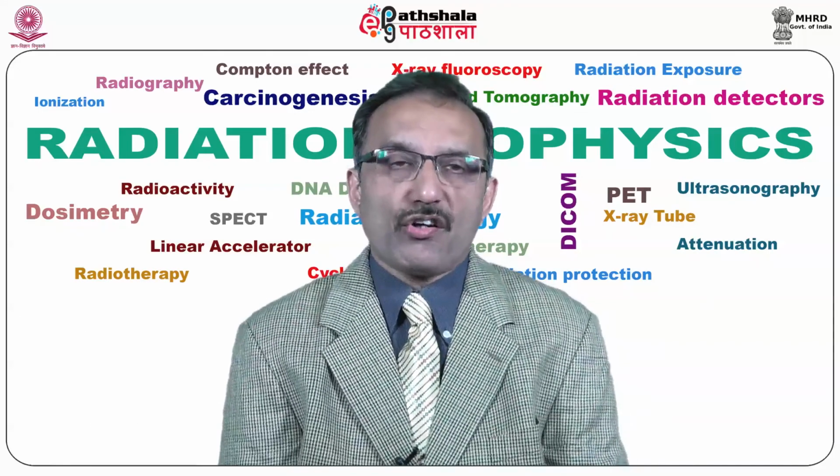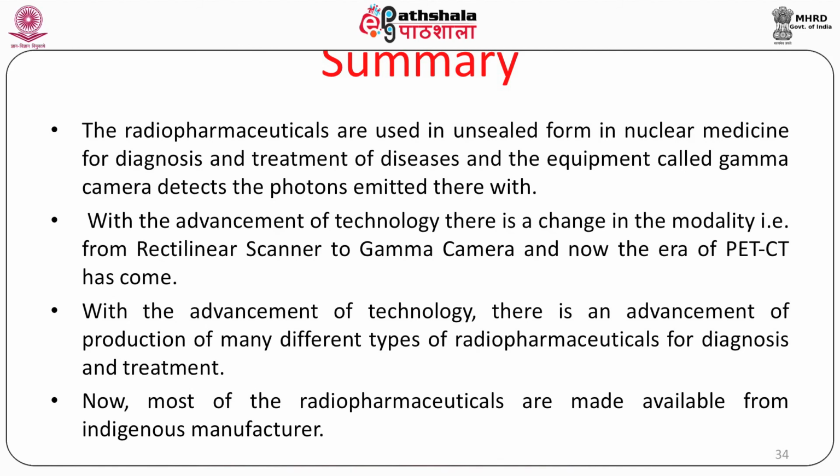In summary, radiopharmaceuticals are used in unsealed form in nuclear medicine for diagnosis and treatment of disease, and the equipment called gamma camera detects the photons emitted therewith. With the advancement of technology, there is a change in modality; initially we were talking about rectilinear scanner or gamma probes, now we are talking about gamma camera and PET-CT.